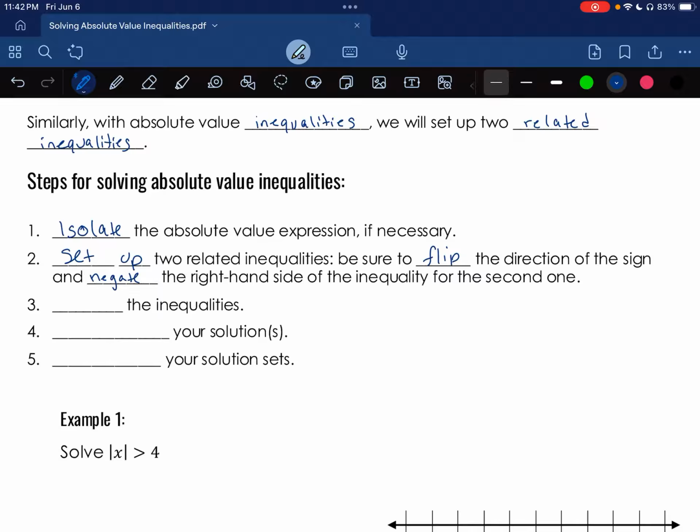So remember, with inequalities, if you're multiplying or dividing by a negative number, you have to change the direction of the sign as well. All right, then we will solve the inequalities, check our solutions. That is a bit of an optional step, and let's graph our solution sets because it's so fun to do when we have inequalities.